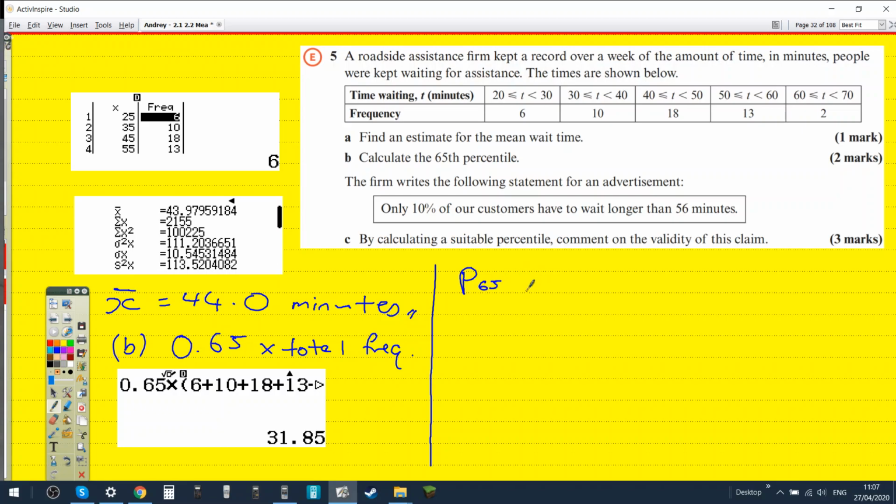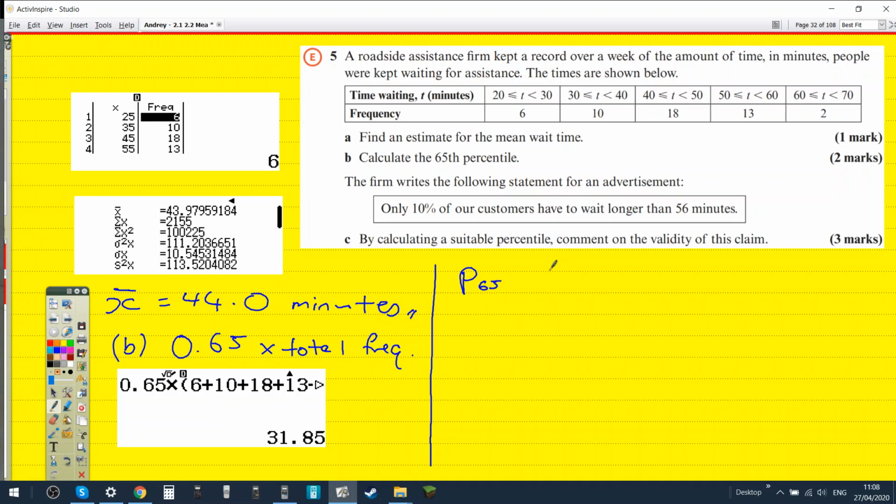What group will the 31.85th value be in? The 30 to 40. Nope. That only goes up to the 16th. Oh, sorry. The 31.85. So 16, 18. The 40 to 50. Sorry.